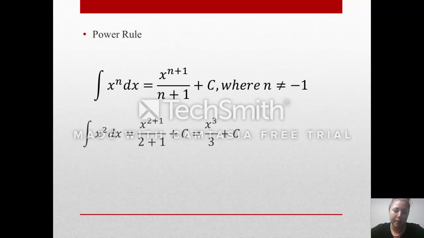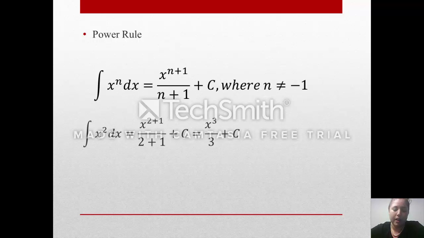Now, to explain the power rule, I'm just going to read the function. The integral of x to the n, where n could be any number, dx equals x to the n plus 1 divided by n plus 1, plus C, where n cannot equal -1.